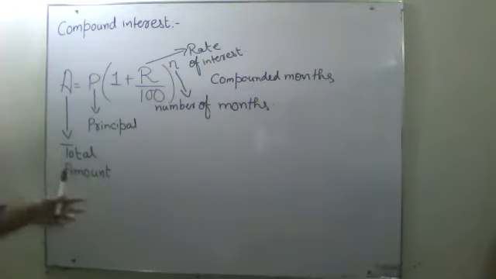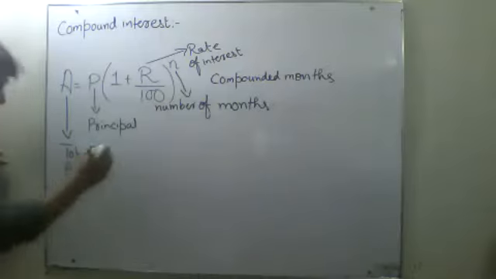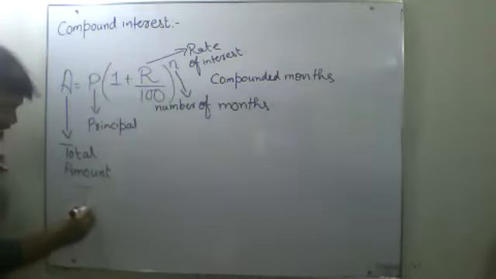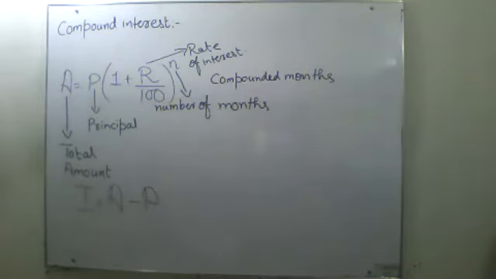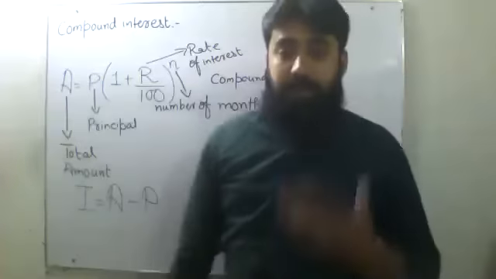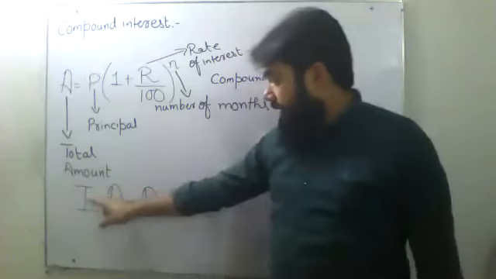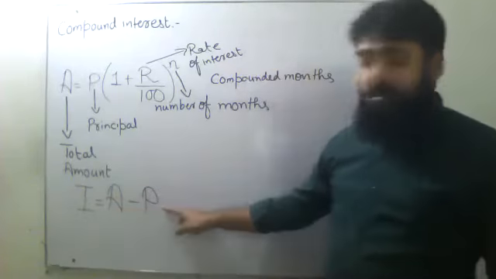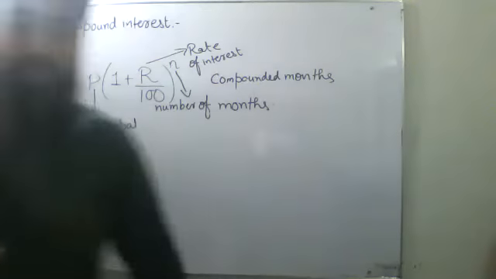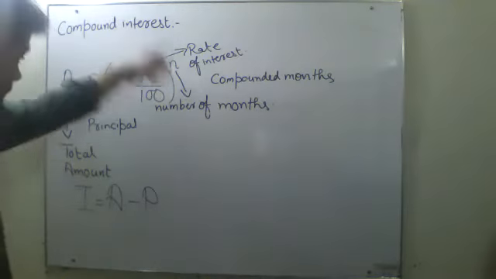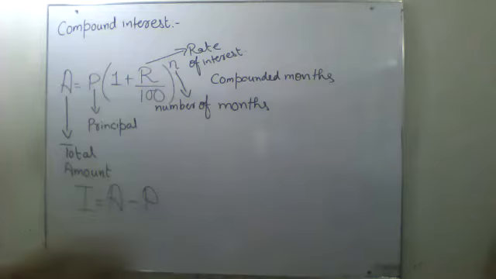So if they ask you to find the interest, you will find I equals A minus P. When you subtract these two, you will have the interest amount which is applied by using this formula.